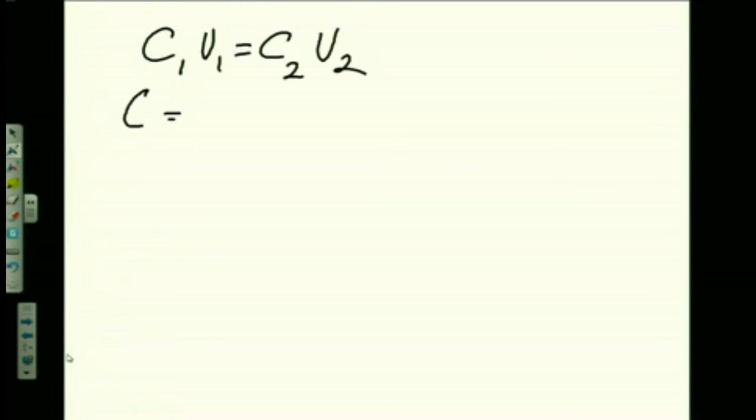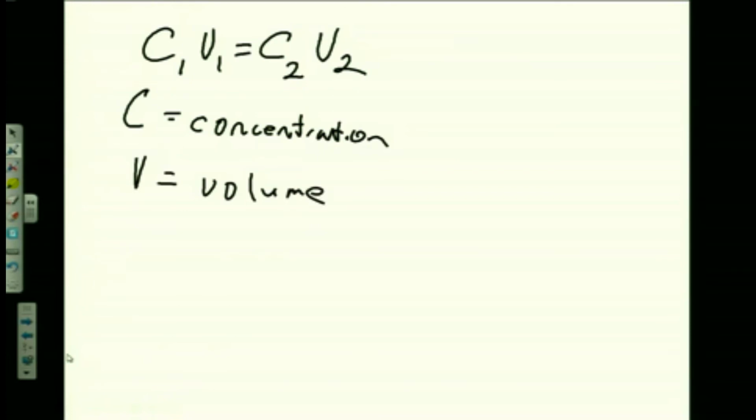There's one equation you need to know. C equals concentration. V equals volume. So my concentration at time 1 times my volume at time 1 equals my concentration at time 2 times my volume at time 2.